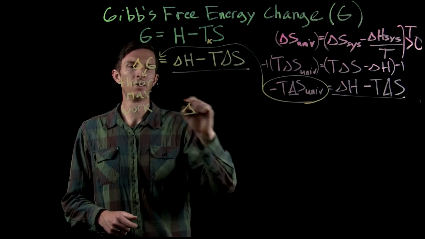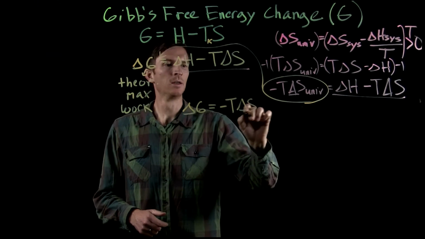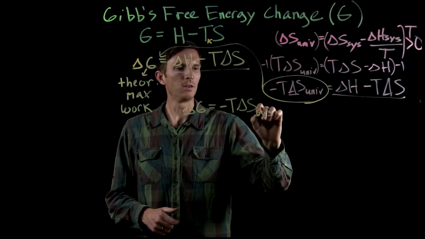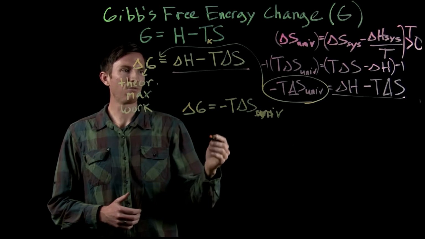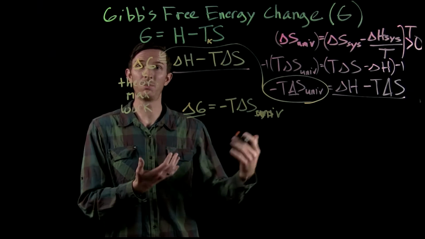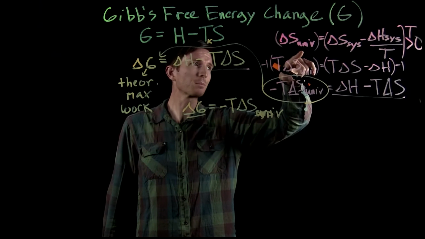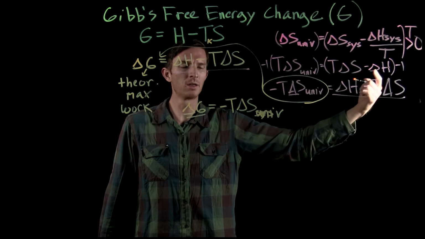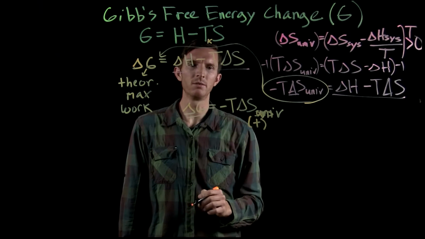So if we say that our Gibbs free energy change equals negative T delta S of the universe, okay, well then if we're looking at what does that mean for us with Gibbs free energy and its ability to predict spontaneity, well, if we know that the universe entropy must increase for a reaction to be spontaneous, so that means that our entropy change must be positive.